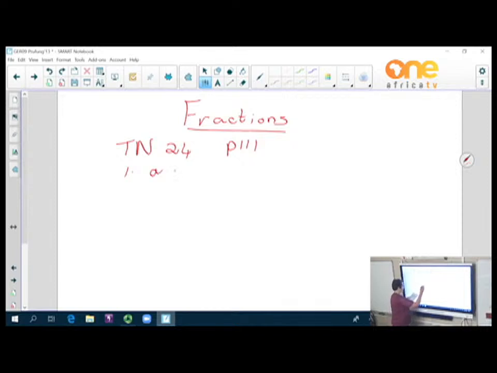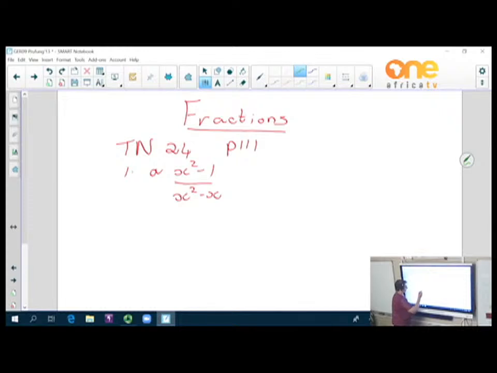The first one says x squared minus 1 over x squared minus x. I cannot cancel these x's. You can only cancel if it's multiplication. So we have to factorize to be able to cancel.